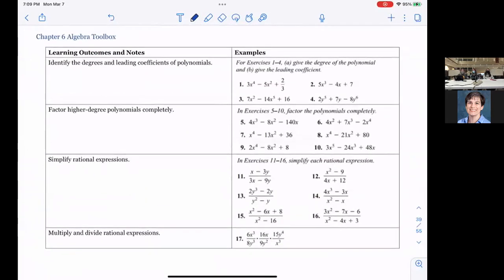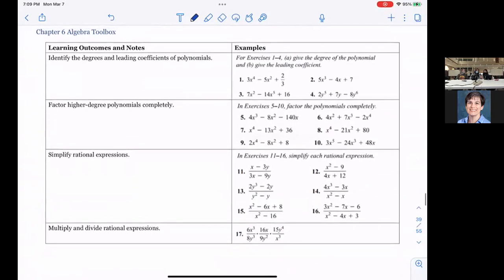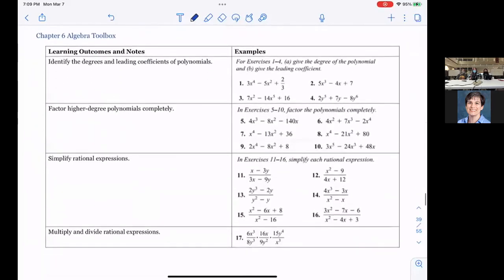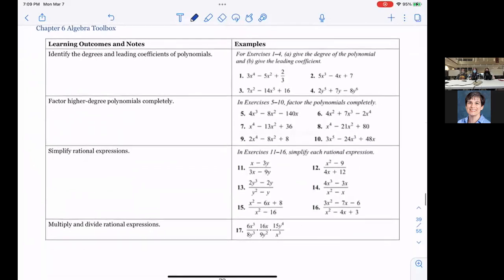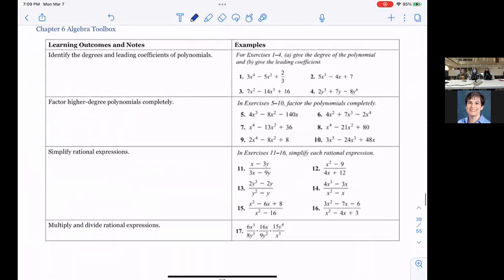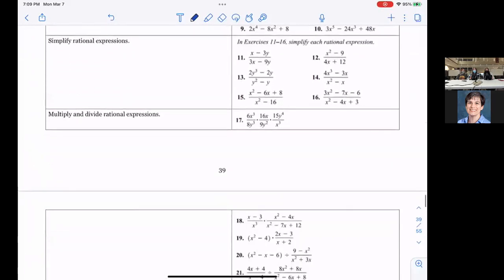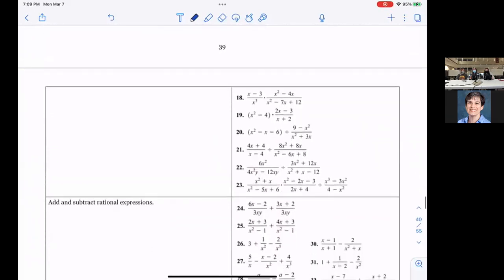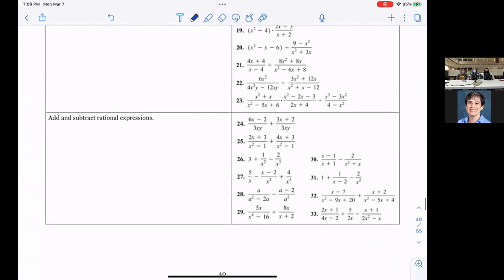So now we're at chapter 6. Do we have any questions here? Keep scrolling.